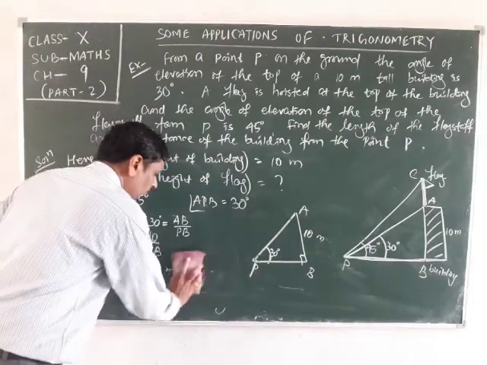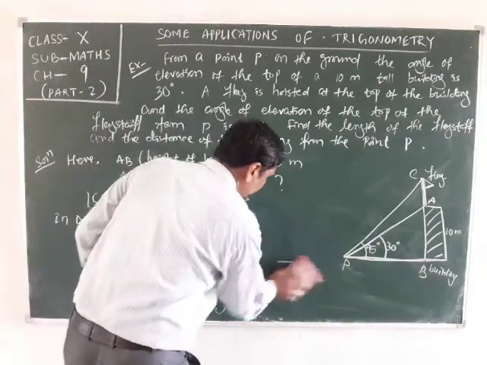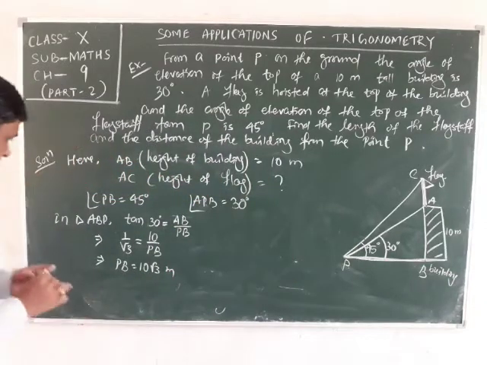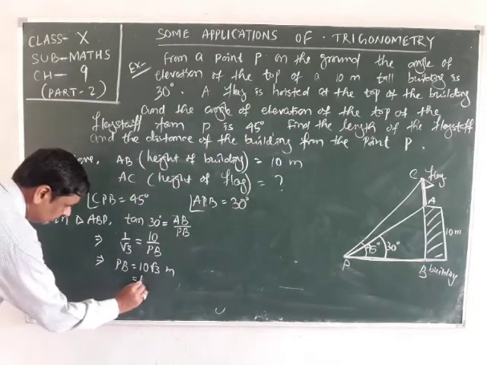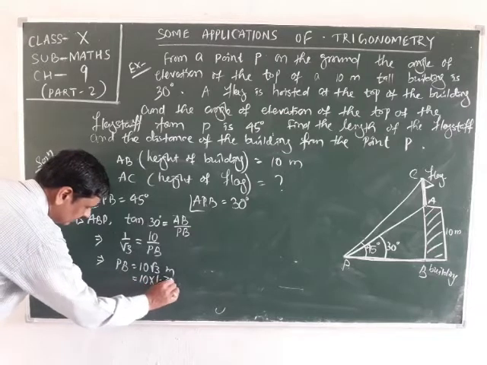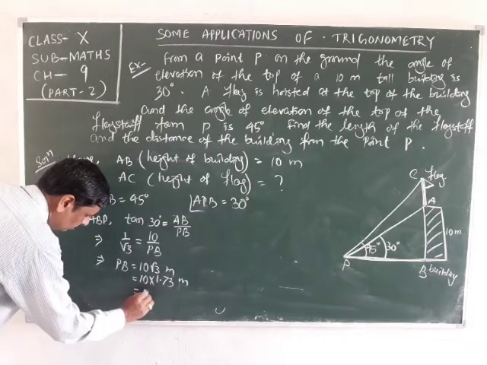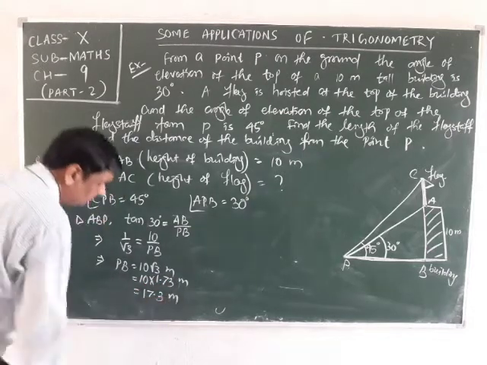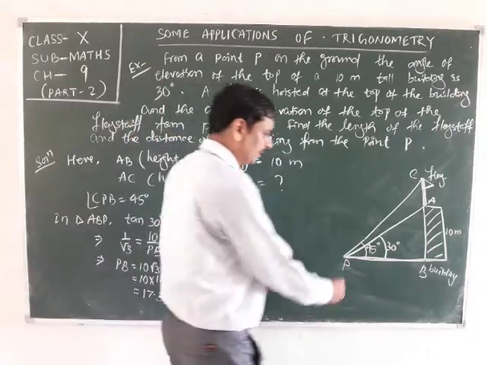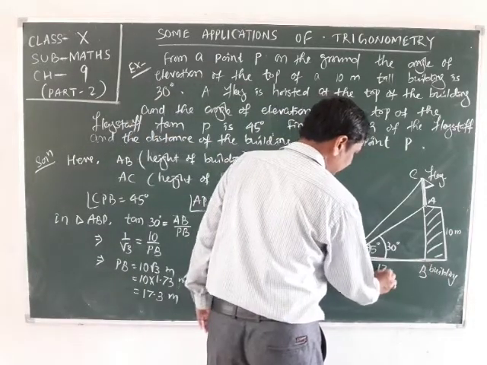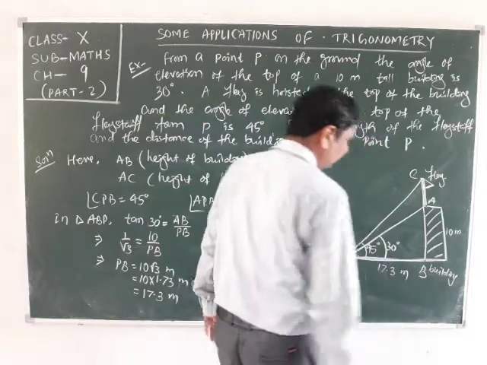If you want the actual value, then 10 into 1.73 meters is equal to 17.3 meters. Here we got the value of BP as 17.3 meters.